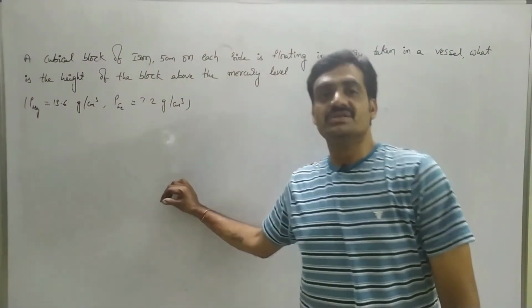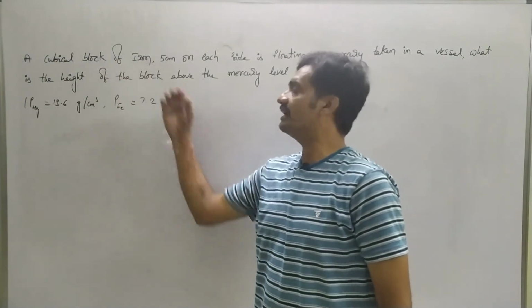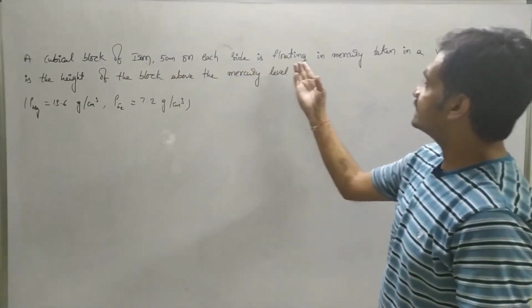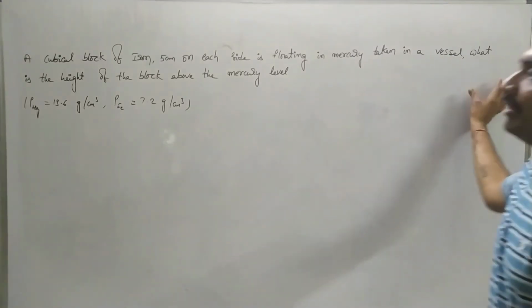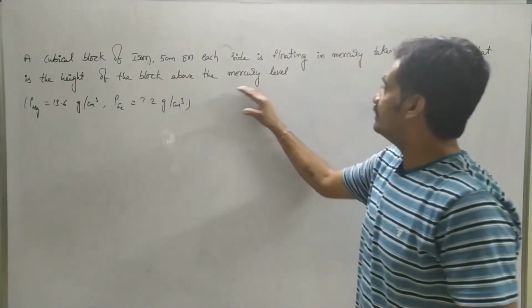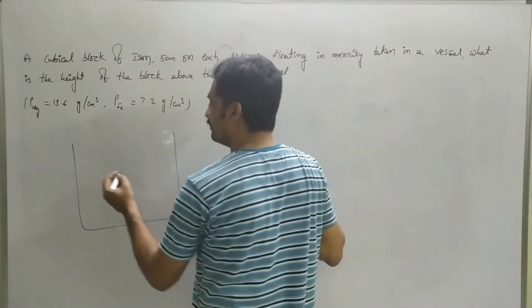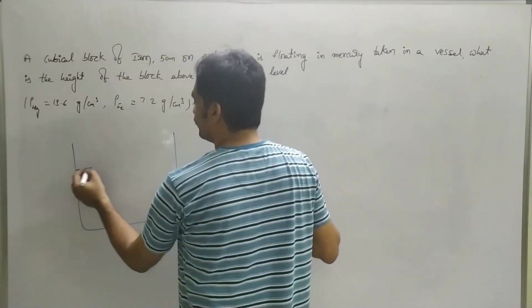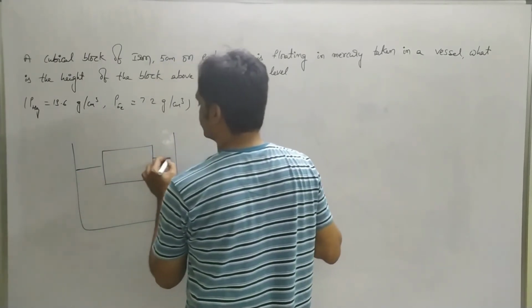Let's solve a numerical based on this law of flotation. Observe that a cubical block of iron 5 cm on each side is floating in mercury taken in a vessel. What is the height of the block above the mercury level? So here we have considered mercury and a block is dipped within the mercury like this.